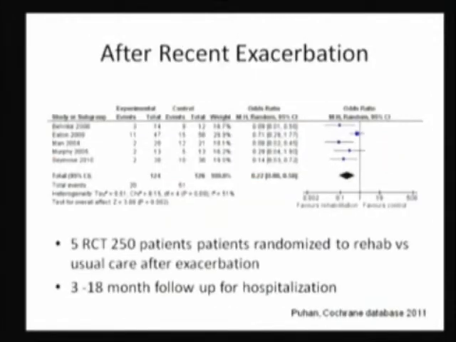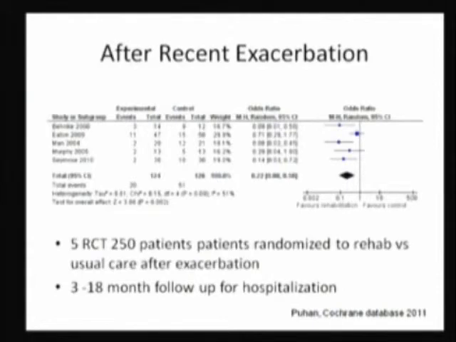How about after exacerbation? So we get this patient that comes to the hospital. When is a good time to enroll the patient in rehabilitation? Is it safe? A few studies looked at that and found that if you enroll patients within a month after admission for exacerbation, the results are even more pronounced in everything that I mentioned before, and this is also a meta-analysis for readmission.